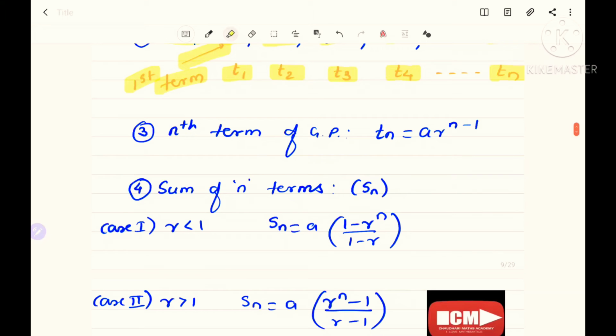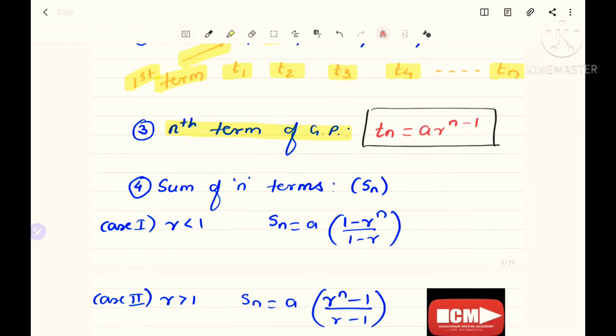Then we also derived the nth term of a geometric progression, which is also called the general term, because it represents each and every term of that sequence, present or hidden, right? This is the formula for Tn that you have to remember: the nth term of a geometric progression is given by Tn equal to AR raised to n minus 1.